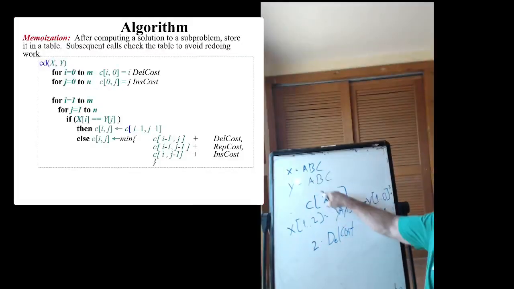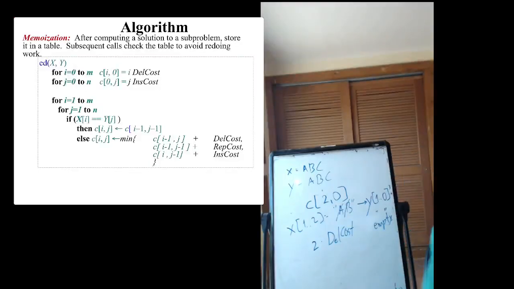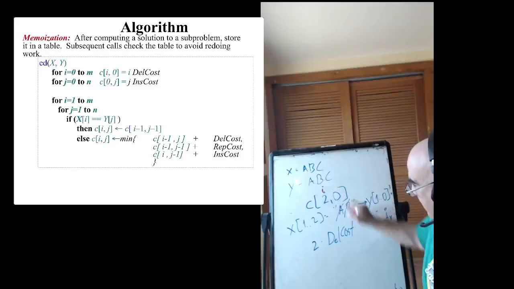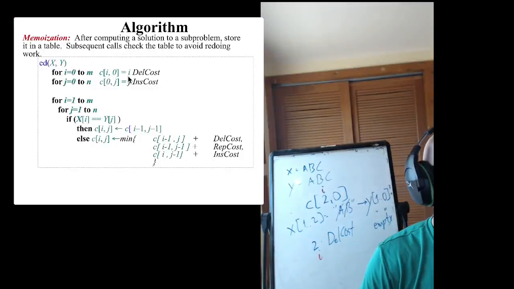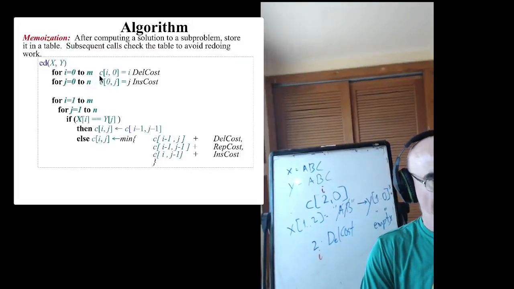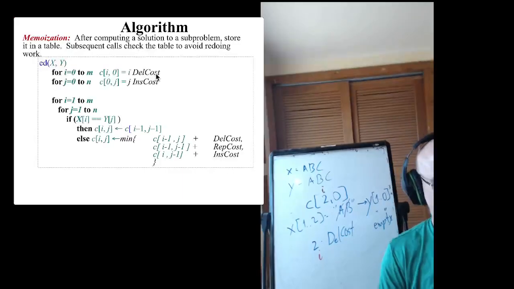If I replace the 2 by an i character, 1 or 2 or 3, then instead of 2, I'll have i. So in the initialization of the table, for i goes from 0 to m, C of i comma 0 is i times the delete cost.